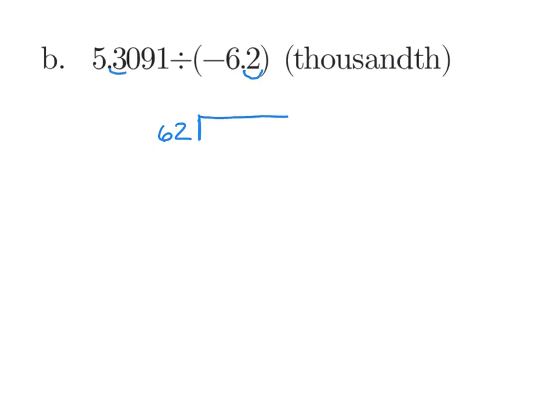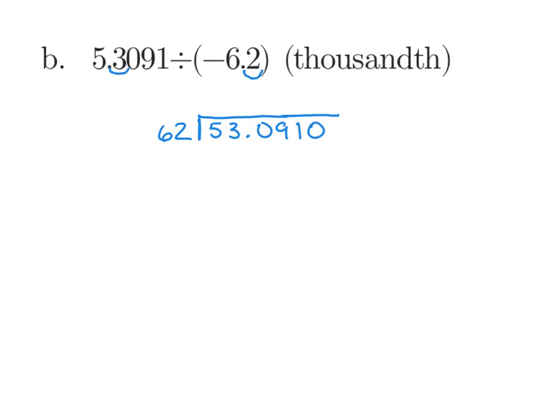We're going to move it 1 to the right so that we end up with 53.091. This is in the thousandths, but remember we want one more digit to determine whether it rounds up or down. Okay, so let's see what we can do here.